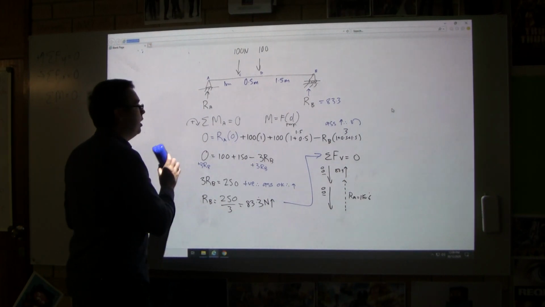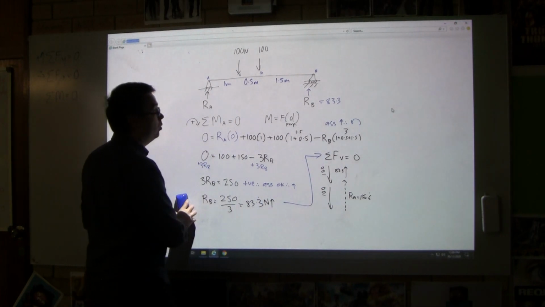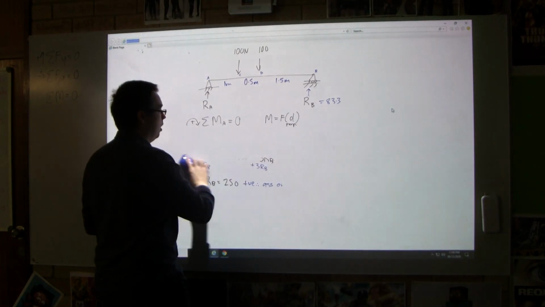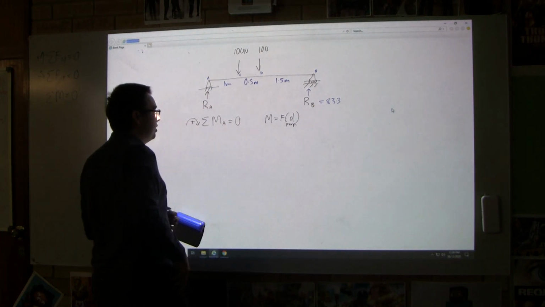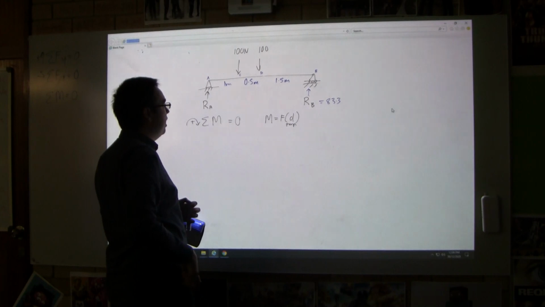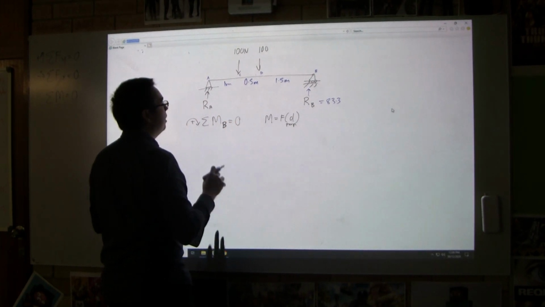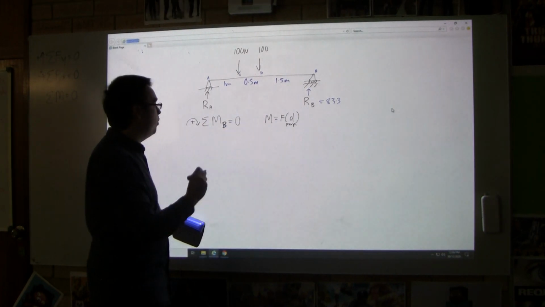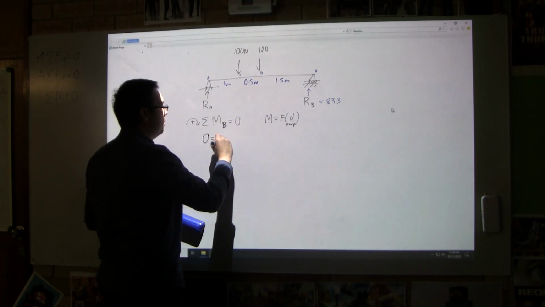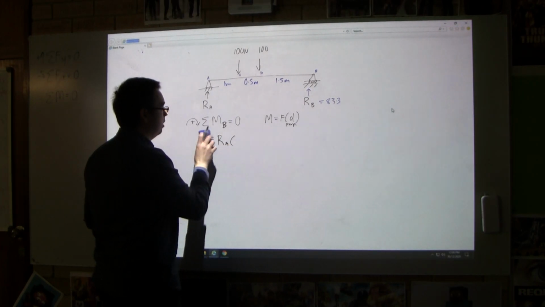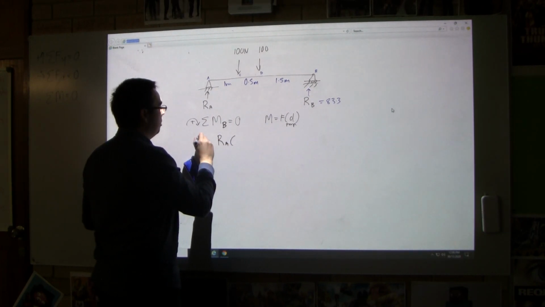So what I'm going to do here is clear this off the board and look at it again. Now I'm going to measure moments about B instead. If I'm measuring from B, my first force is RA. How far away is RA? 3 meters.